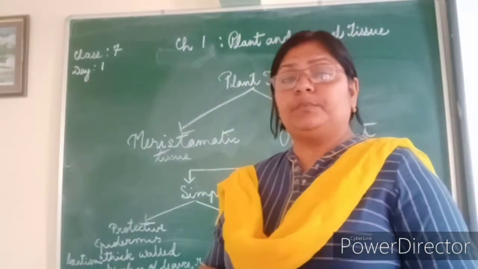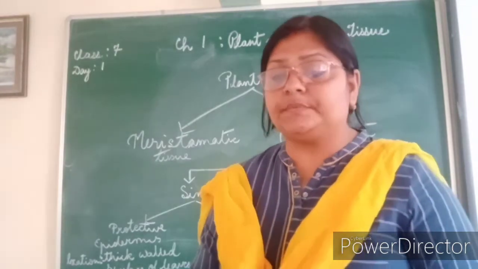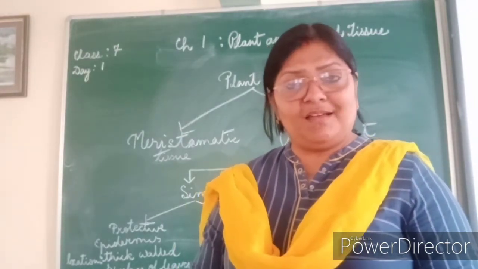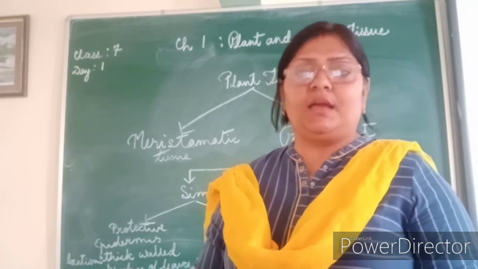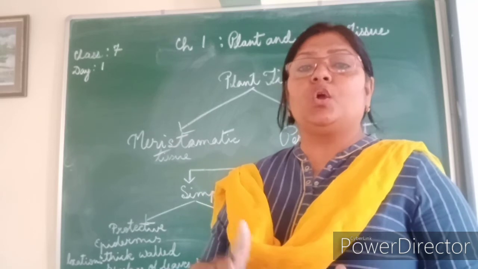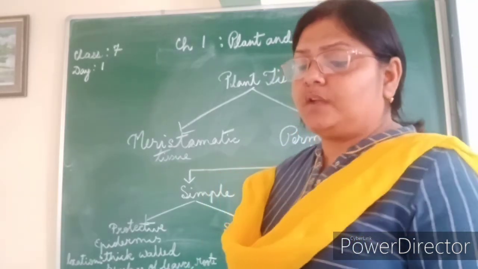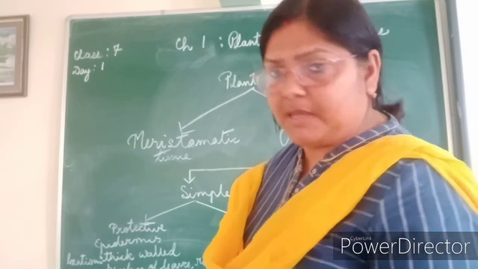So the supporting permanent tissue is of three types: Parenchyma, Collenchyma and Sclerenchyma. To start with, let's talk about parenchyma.